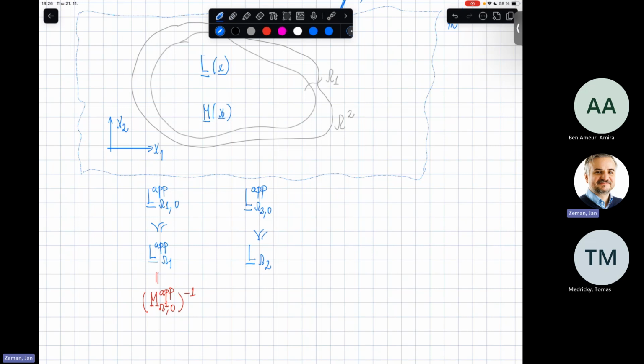And again, I can say that these are equivalent to these dual coefficients, but let's keep it for the moment.